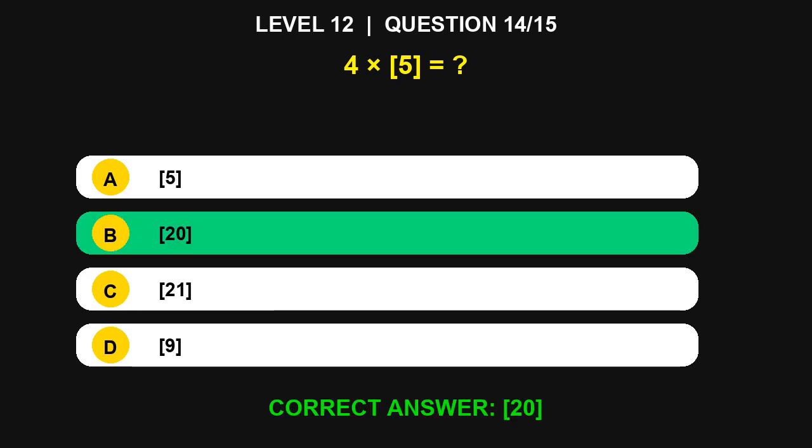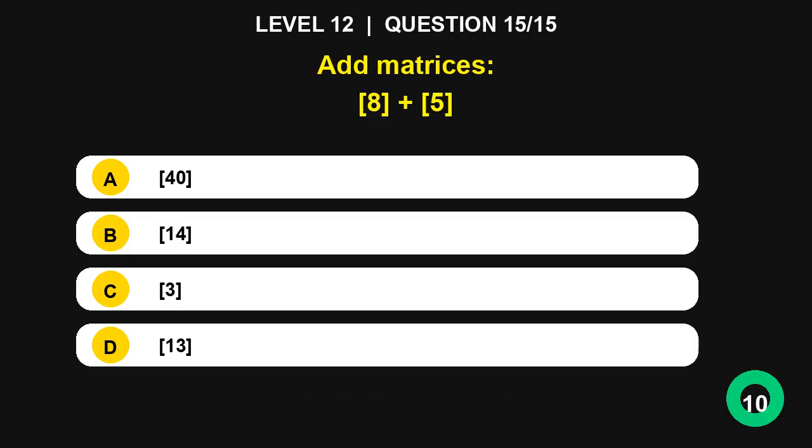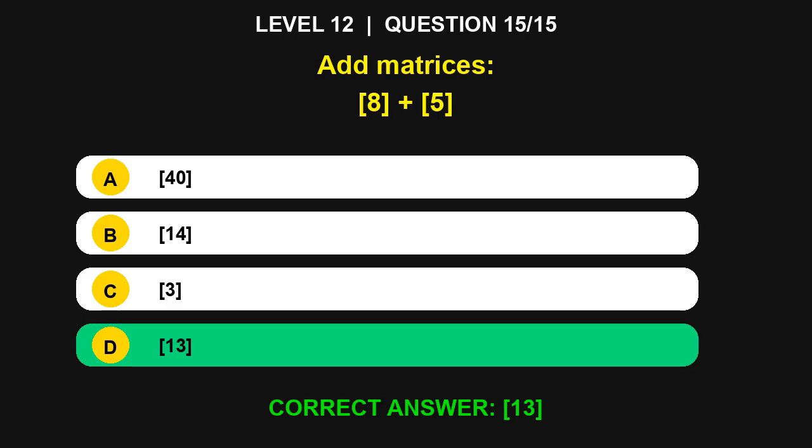Answer is 20. Add matrices. 8 plus 5? Answer is 13.